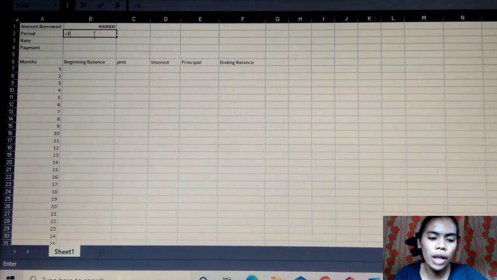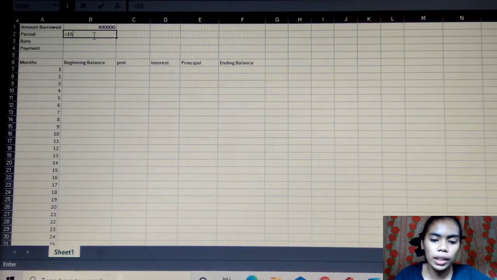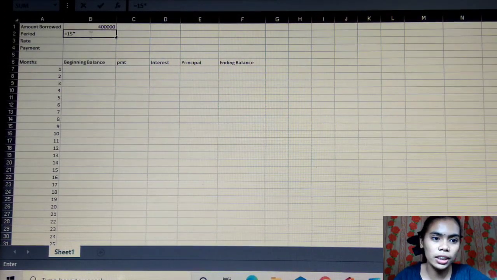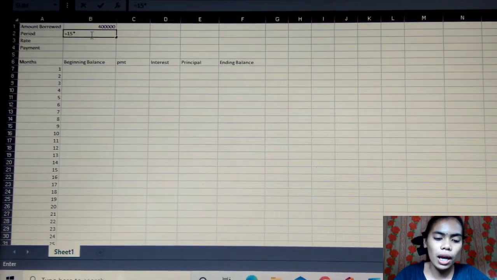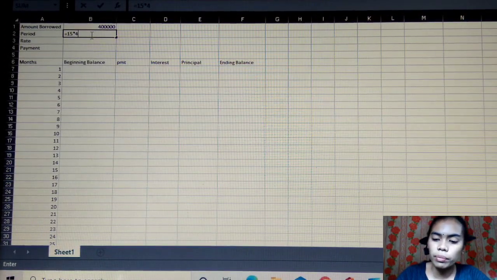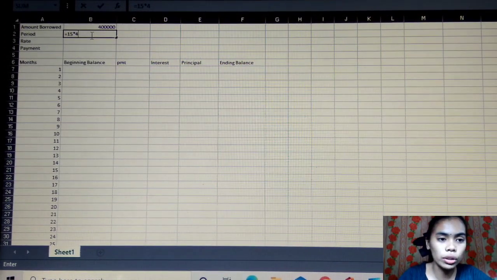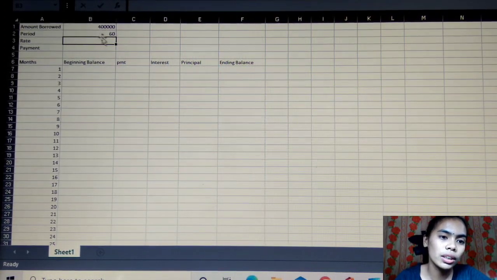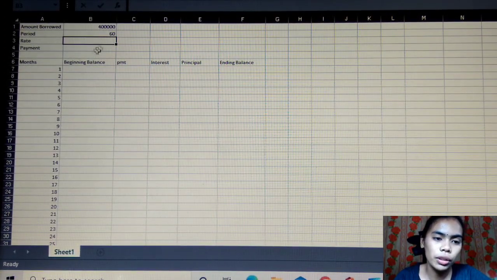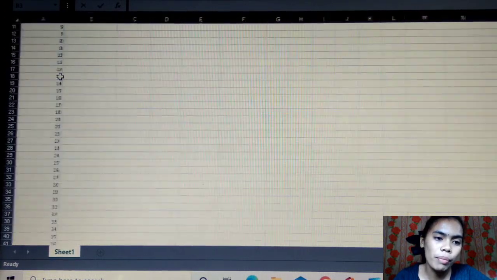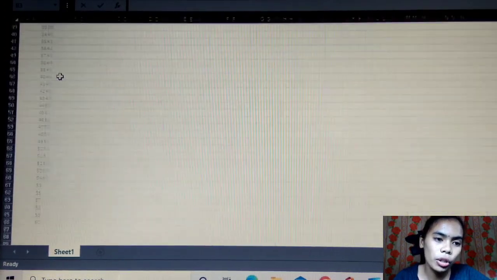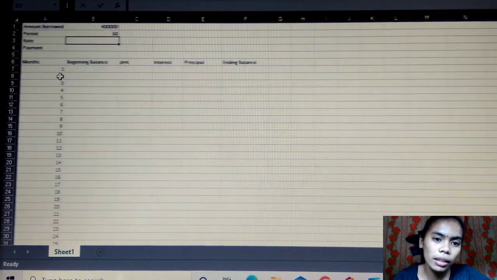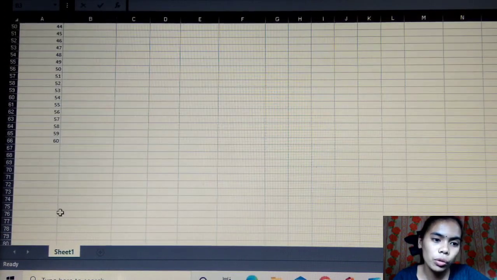Our time is 15 years times, or the asterisk sign, times 4, because it is our frequency of conversion, and then enter. So our period is 60 periods. Our goal is that by the end of 60, the ending balance would be 0.